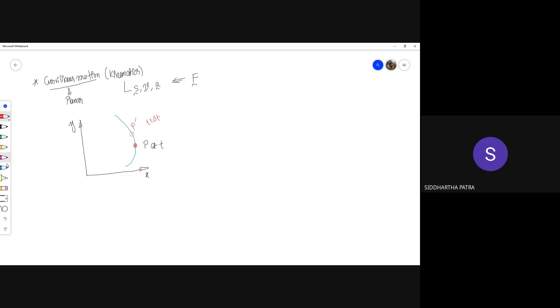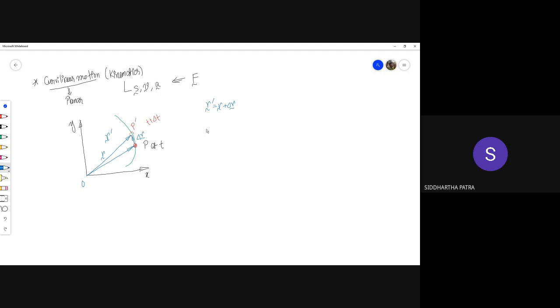Okay, so let's say this is the position vector of the particle at time t, and at t plus delta t it reaches over here, and this time its position vector is r prime, where r prime is r plus delta r. Okay, so delta r is your incremental displacement.